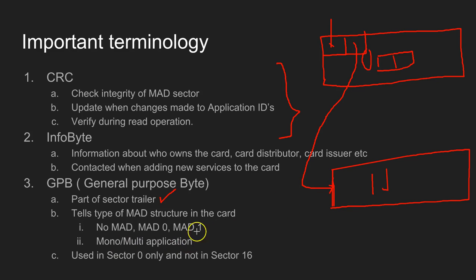It also tells you what kind of format this is, whether the MAD is present itself, or whether it's a mono application or a multi application. So all the information is encoded in the GPB, which is also clearly mentioned in the documentation, which I'm going to show you in the later part of this video. The GPB is used only in sector 0, and it is not used in sector 16. So sector 16 GPB can be initialized to all zeros.